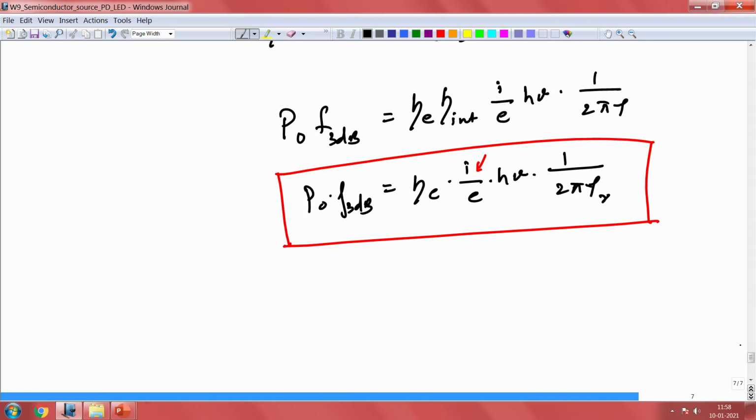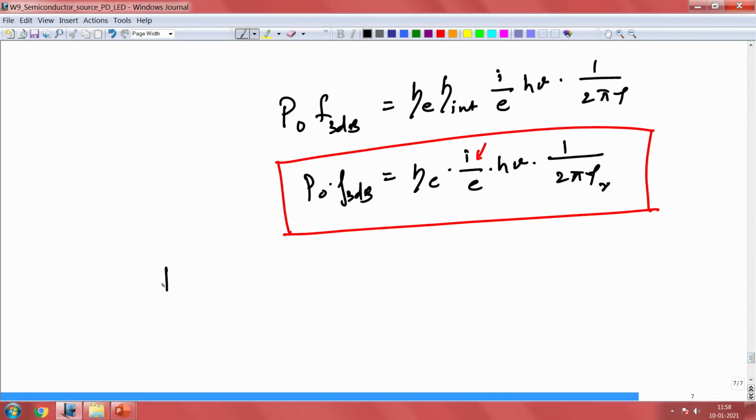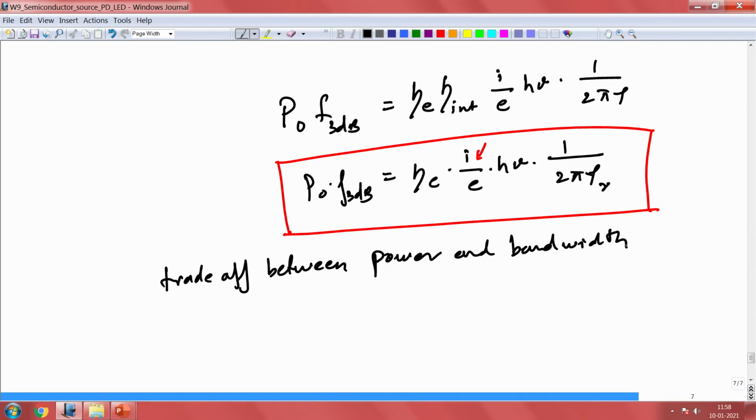So, there is a trade off between power and bandwidth. High injection will give you high power, but then it is going to reduce your rate. So, the modulation bandwidth is inversely proportional to the output power.